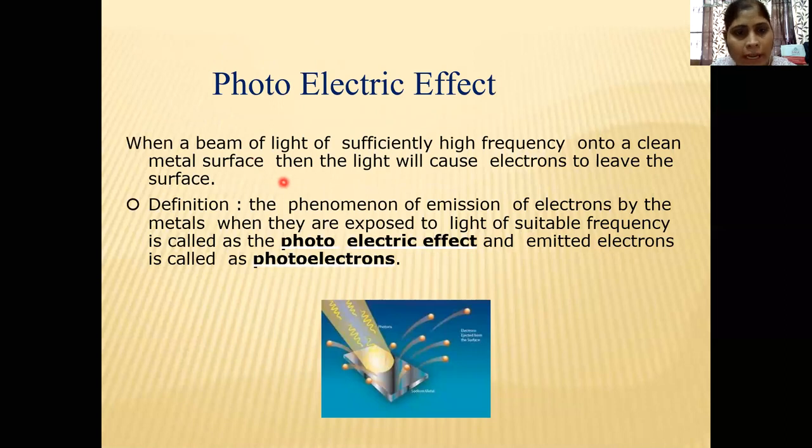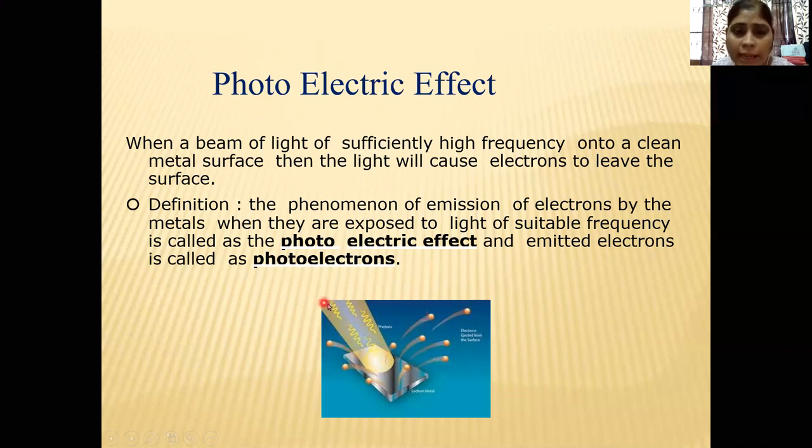When a beam of light of sufficiently high frequency falls on a metal, on the photoelectric material, the light gives energy to the electrons of the metal. Electrons take the energy from the photons, come out from the covalent bond and start moving freely.